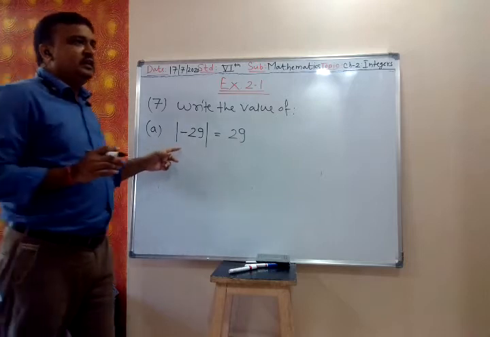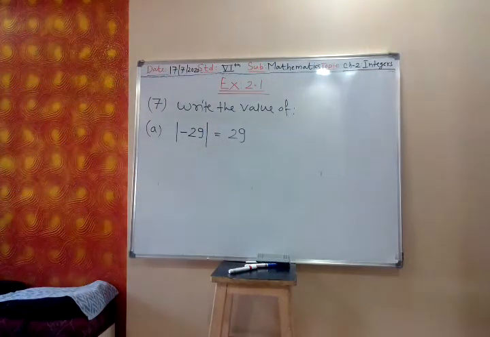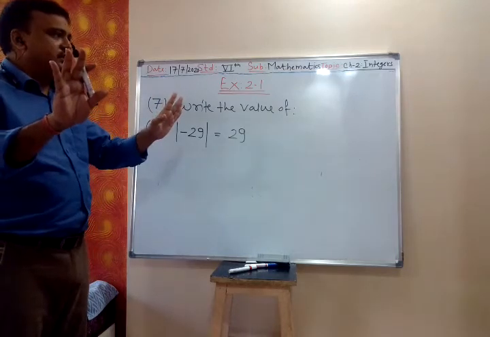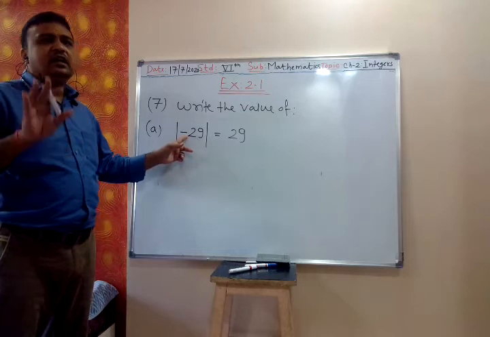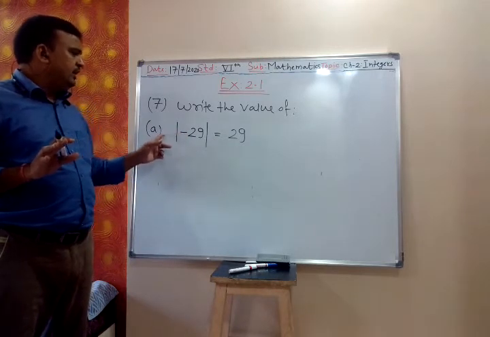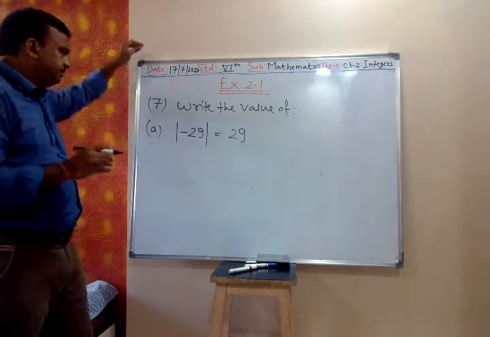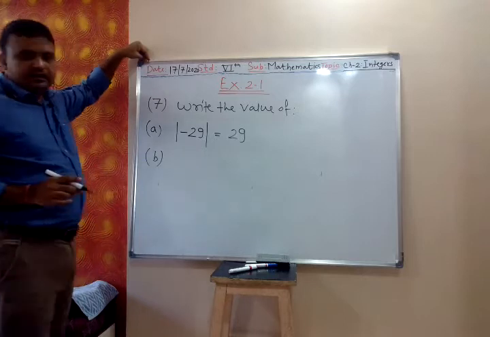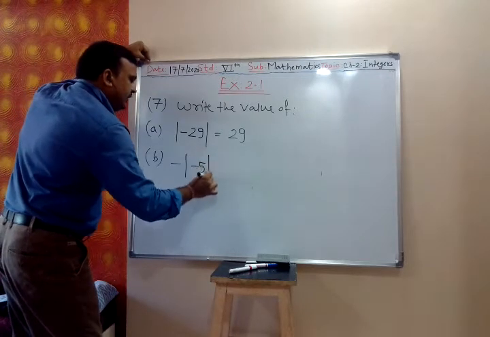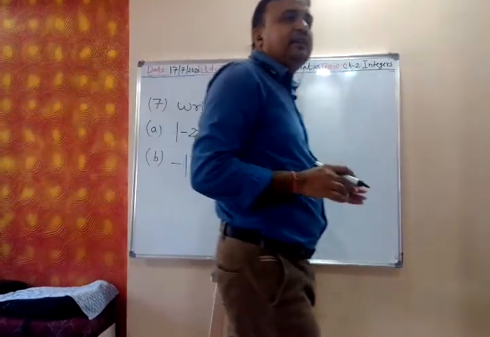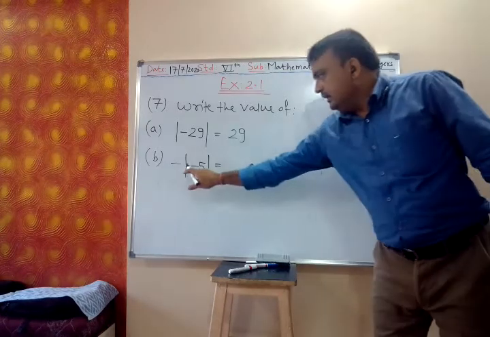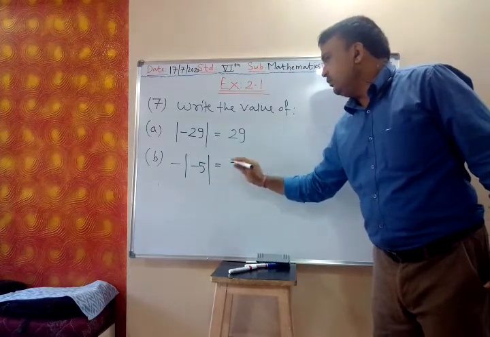Whether the integer inside is minus or plus, its absolute value will always be positive. Now this is minus of the absolute value of minus 5.